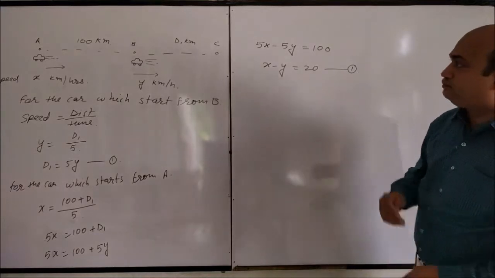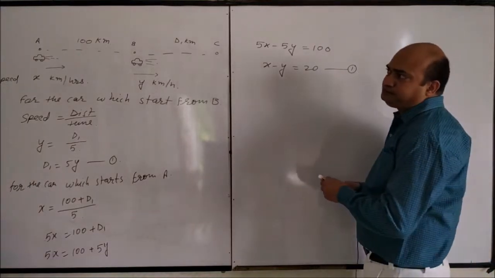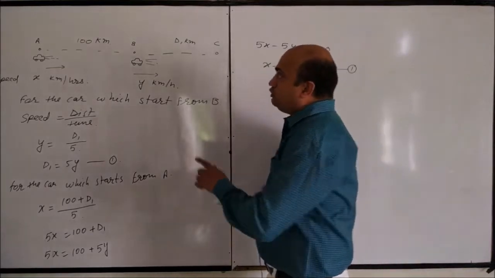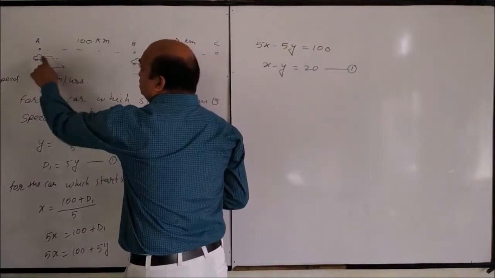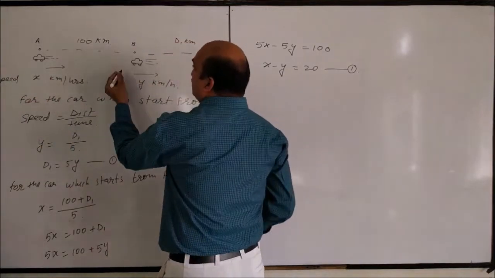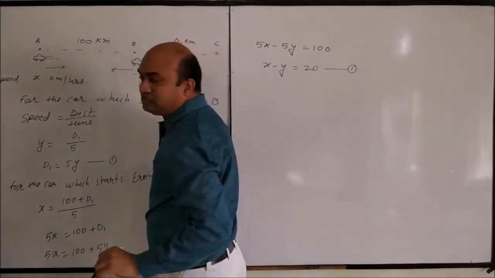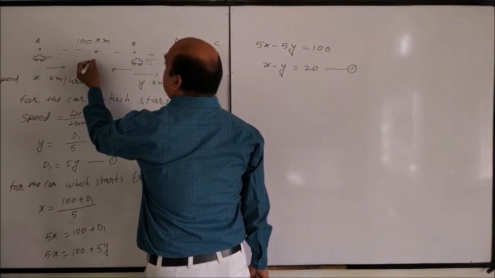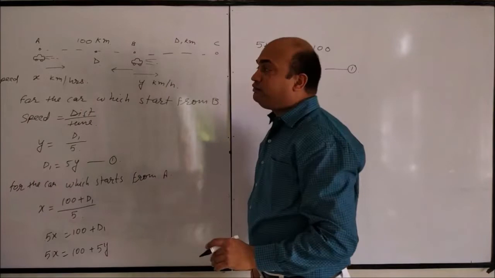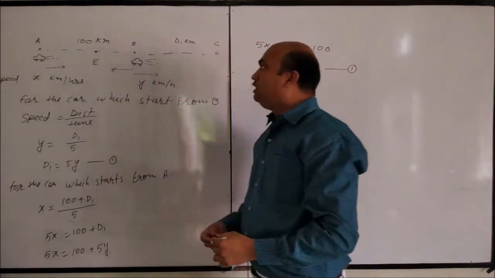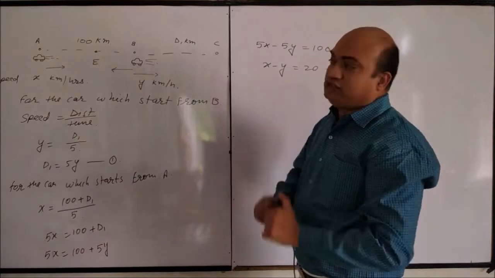You will get the same equation if you apply that formula directly. Now, if the cars travel towards each other, we consider the car which starts from A travels towards B, and the car which starts from B travels towards A. This is the point E we take at which the two cars meet.